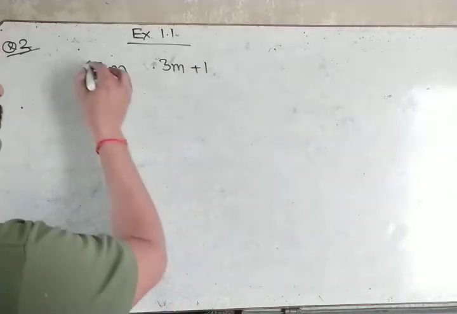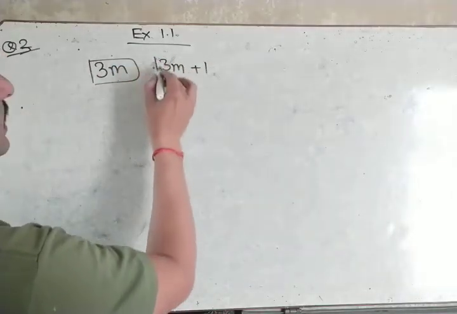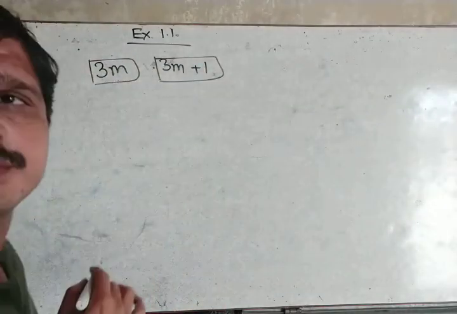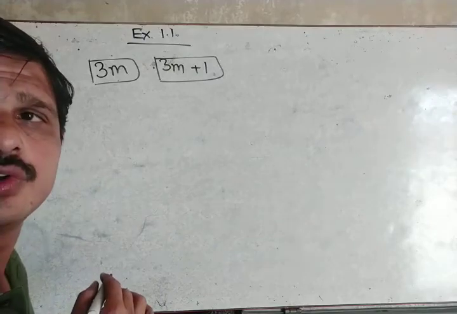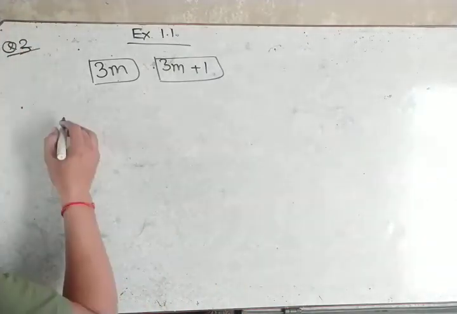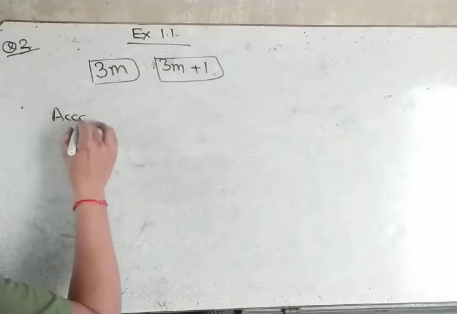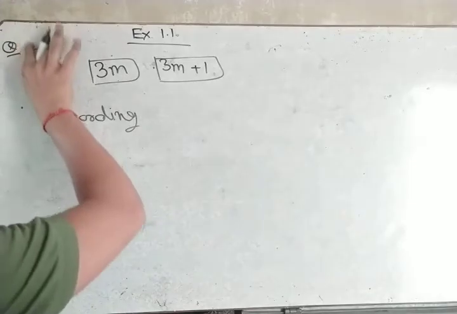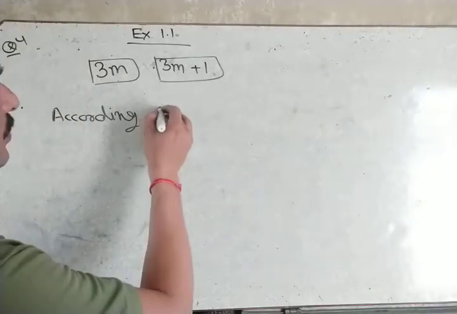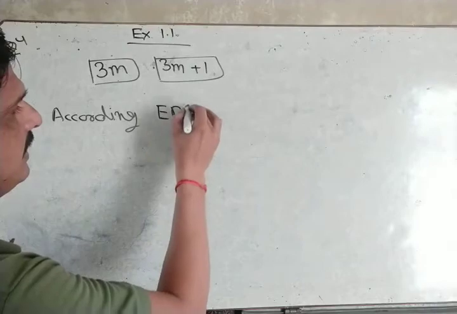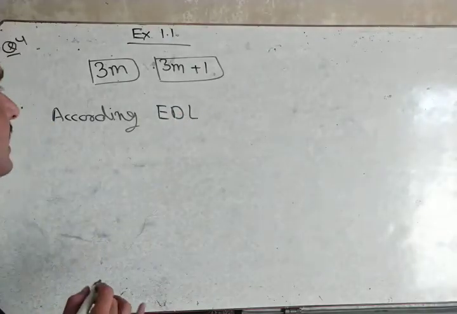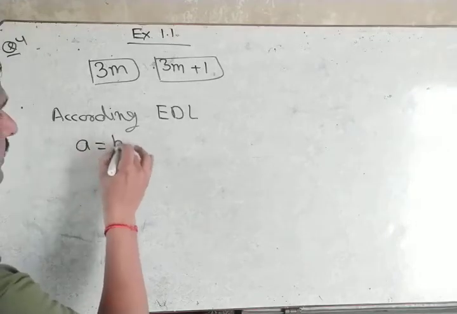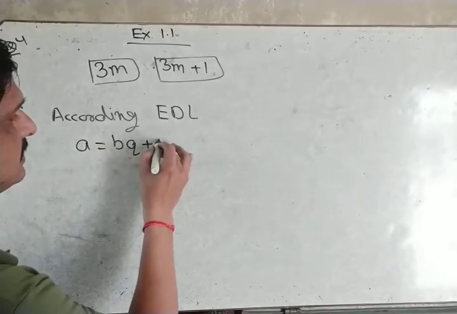We need to prove that the square of any number is of this type. According to Euclid division lemma, for two numbers a, b, a equals bq plus r.